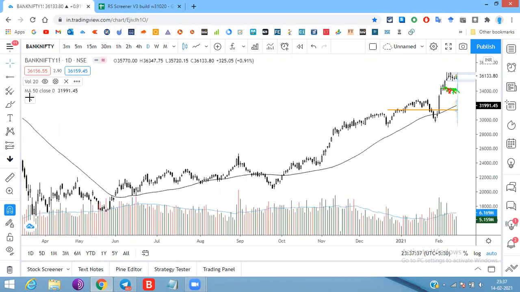If you don't like to mess up your charts, you just like to use simple things like price and volumes, if you are that kind of person, then the spread charts are for you. It's the same formula of numerator divided by denominator, the numerator being Bank Nifty and the denominator being Nifty. I'll show you how to put the denominator. Right now there is no denominator in the chart.